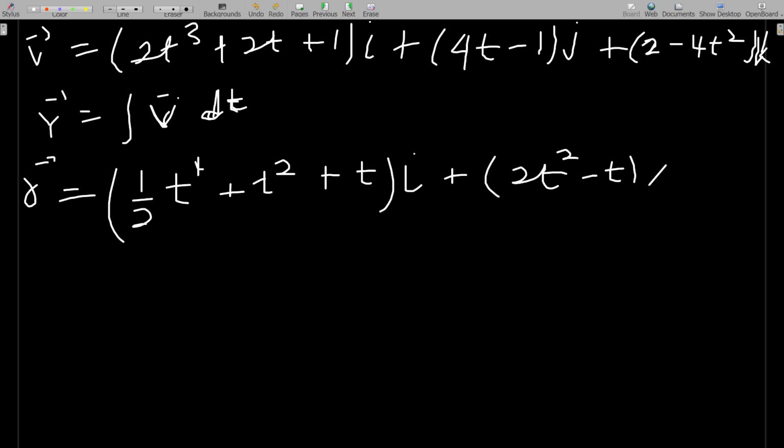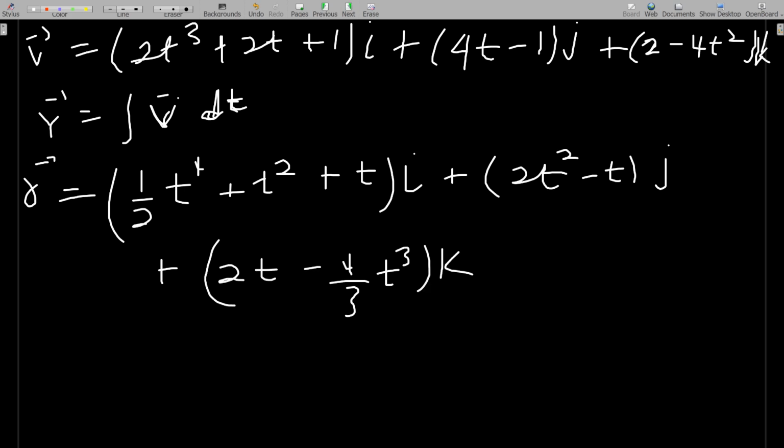I hope you get this. Then the last term will be 2t minus 4 over 3 t cubed, and k. So this is my position vector plus a certain constant a.